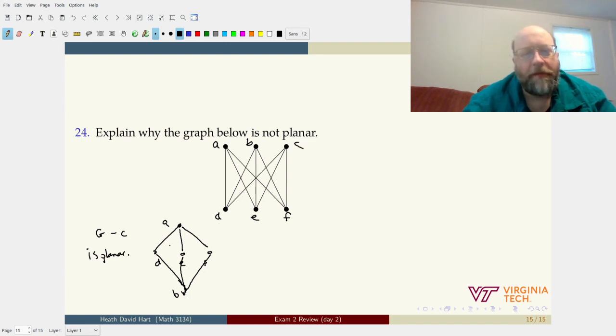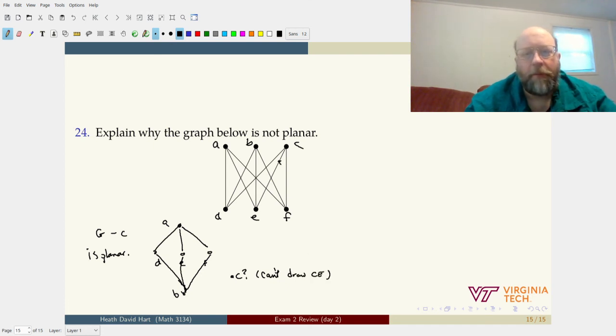But now we have to place C somewhere to get G again. So if we were going to place C here, then we have a problem because there's no way to get from C to E without crossing a boundary. So we can't draw CE.